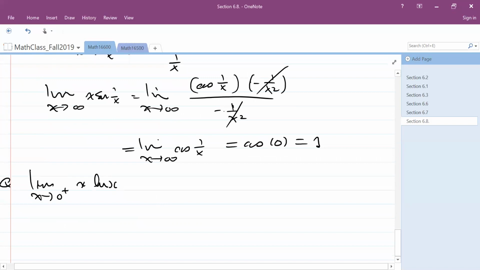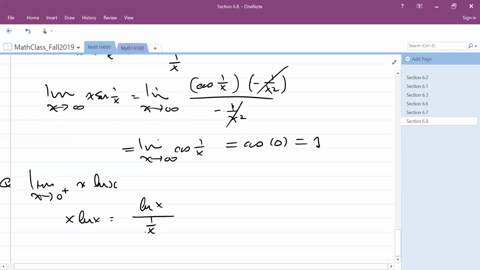Right, it is a product, then we have to change it to a quotient. So the natural way to do it is to write x natural log of x as natural log of x over 1 over x.